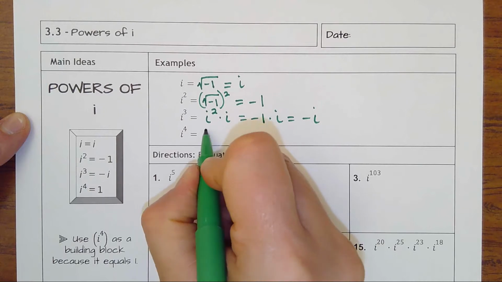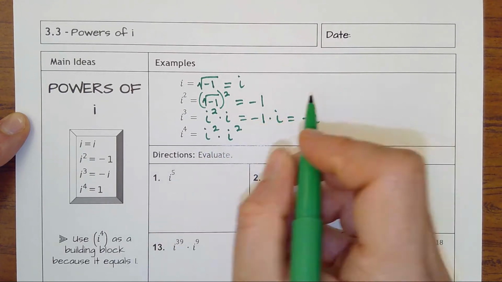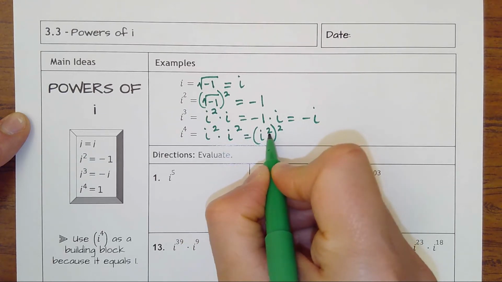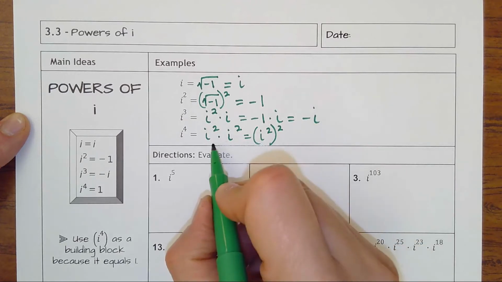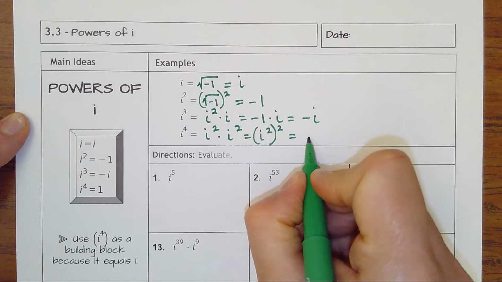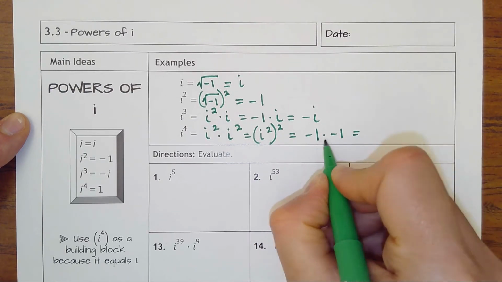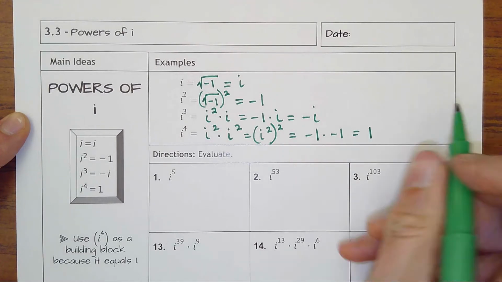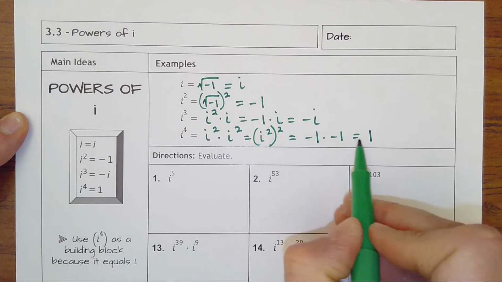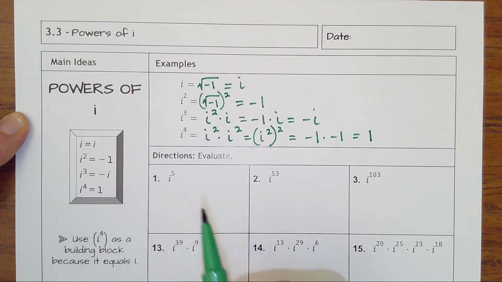We can write i squared times i squared, because 2 plus 2 makes 4, or we could write i squared, that quantity squared. The power rule also says 2 times 2 makes 4. Either way, we have i squared, which we proved is -1, times -1, or -1 squared. Negative times negative is +1. So it goes i, -1, -i, +1. They're right over here in this little chart if you need to look back at them.